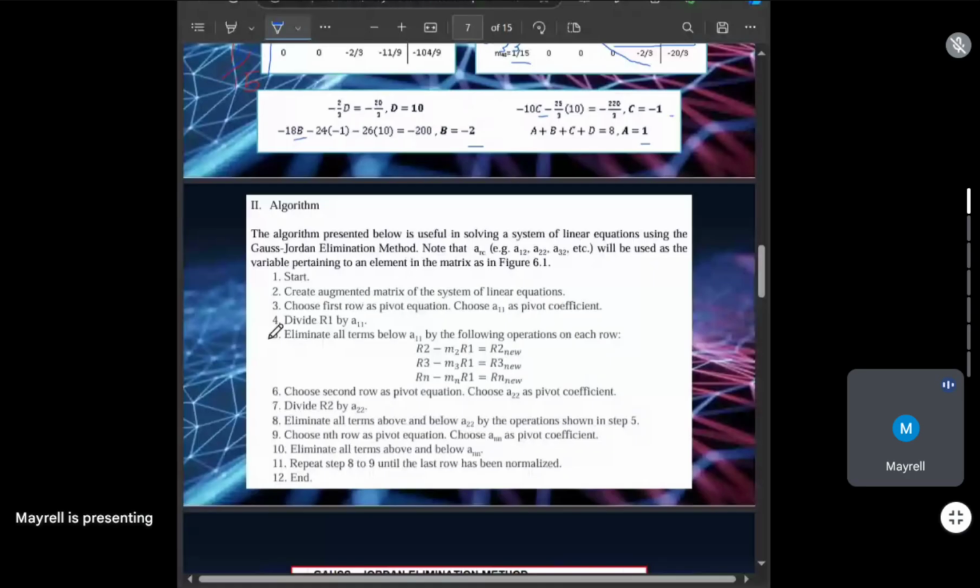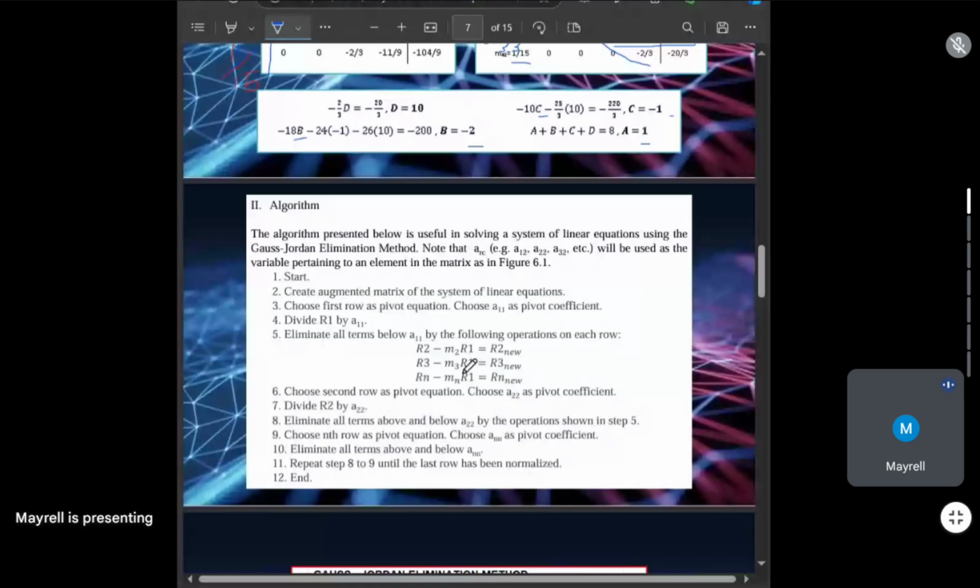And then R3 minus M3 times R1 equals R3 new. So that's the element in row 3 minus M3. So M nga gamitin na to sa row 3 times the element in row 1 equals, that's our new element in row 3. Until pila na siya ka column. So Rn minus Mn times R1 equals Rn new. Then choose second row as pivot equation.